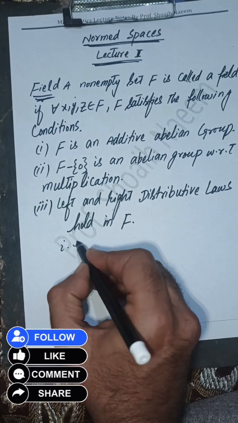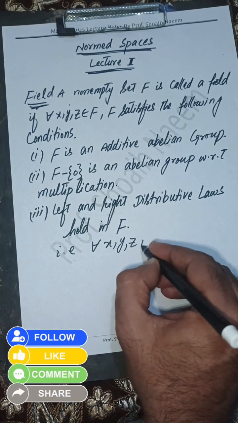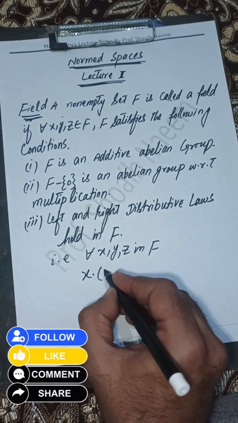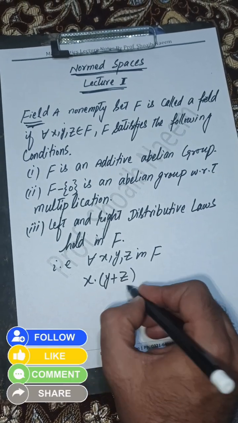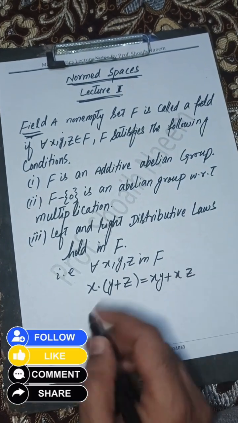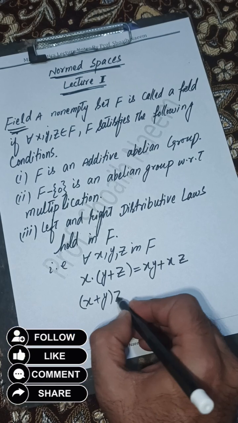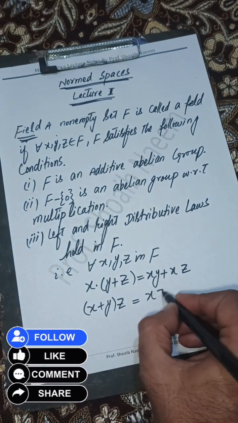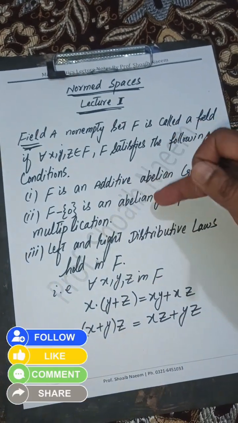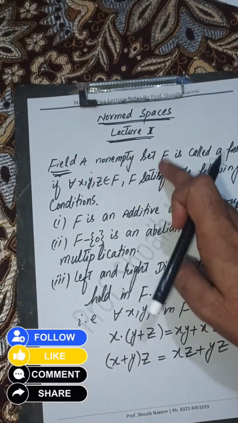That is, for all x, y and z in F, x multiplied by (y plus z) is equal to xy plus xz, and (x plus y) multiplied by z from the right side is equal to xz plus yz. If these three conditions are satisfied by the set F, then set F is called a field.